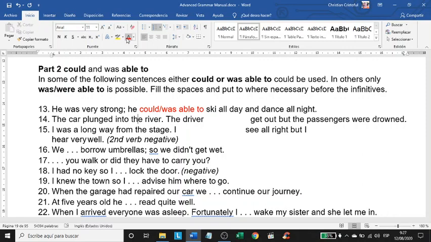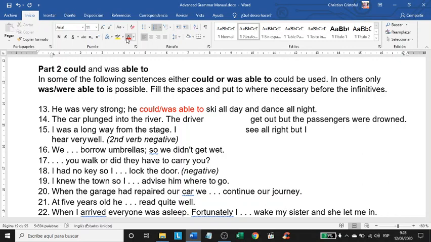Number 14. The car plunged into the river. The driver, can I say, could get out, but the passengers were drowned? Can I say the driver was able to get out, but the passengers were drowned? Can I use either one? No. In this case, I cannot say the driver could get out.